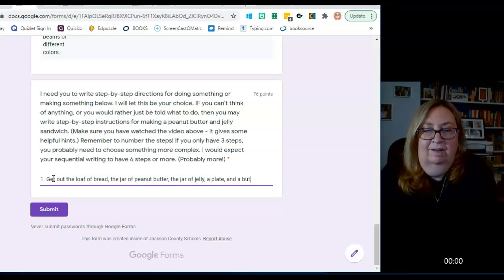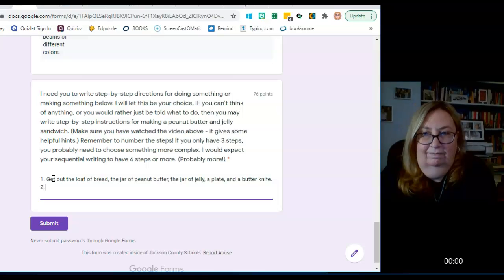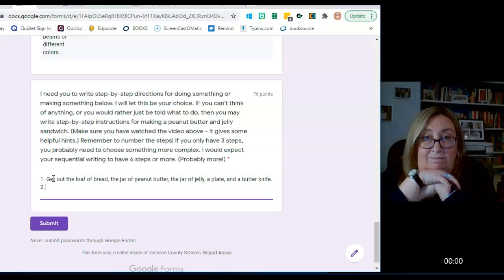How about we say a butter knife instead of like a butcher knife? Okay, then go to your second step. That's what it should look like. If you're choosing to do the peanut butter and jelly, you can steal my first one. That's not cheating. That's using your resources. If you want to write it your own way, that's also fine. Okay.